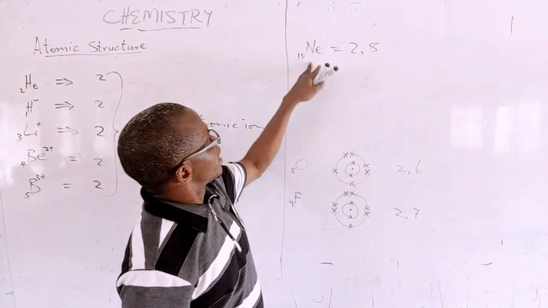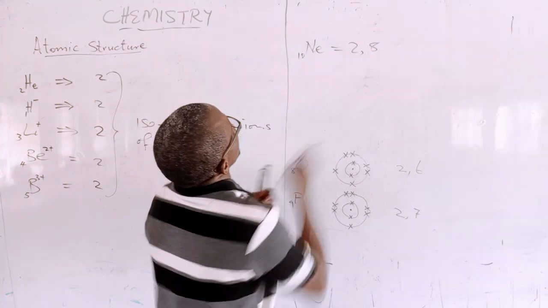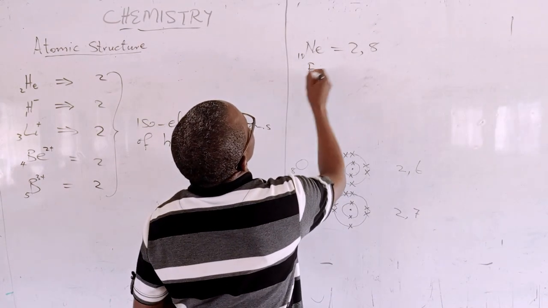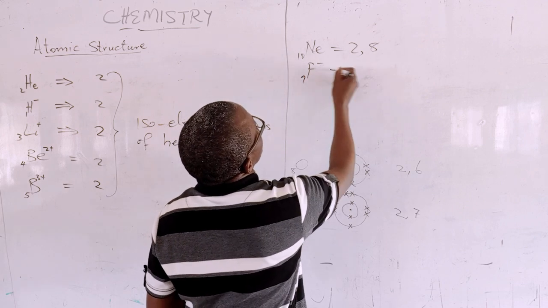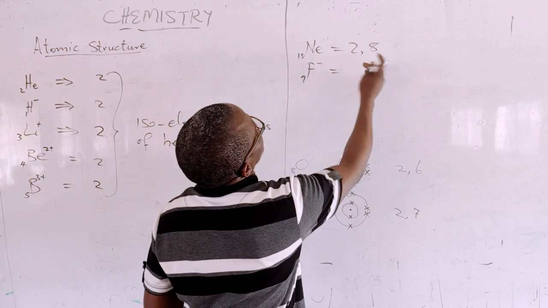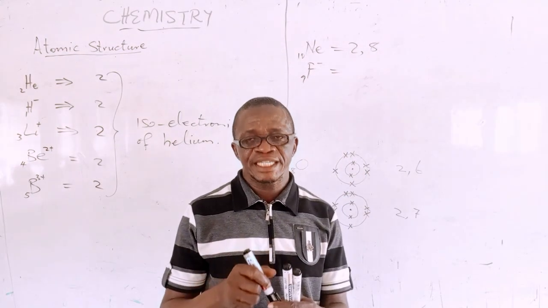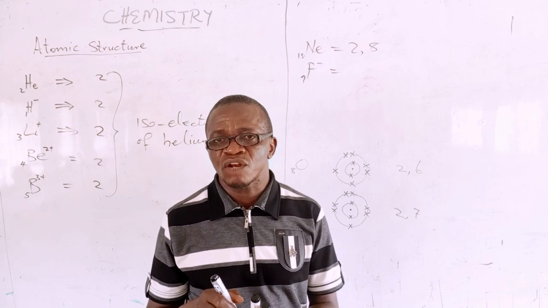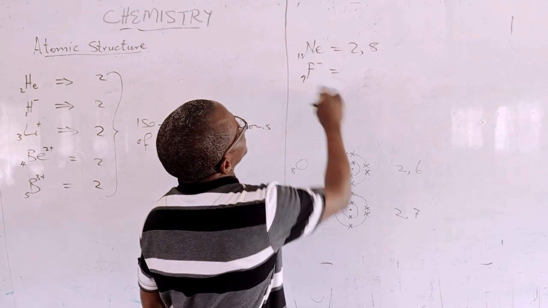Fluorine is atomic number 9. It will borrow 1 in, and we have F minus. Now, electronic configuration means it has borrowed 1 to make it 10. And that borrowing of an electron only affects the number of electrons and not the atomic number. So don't change this to 10.